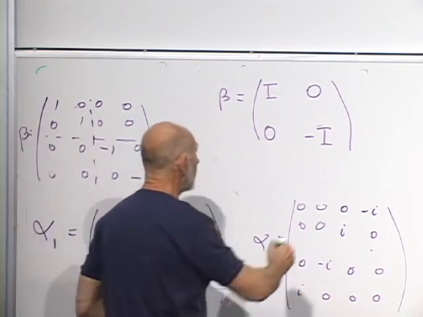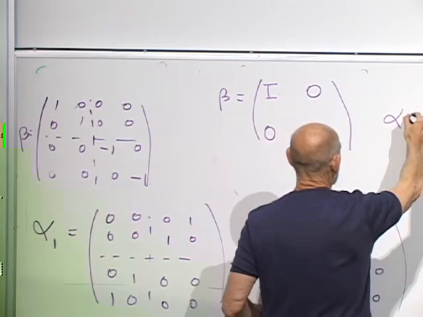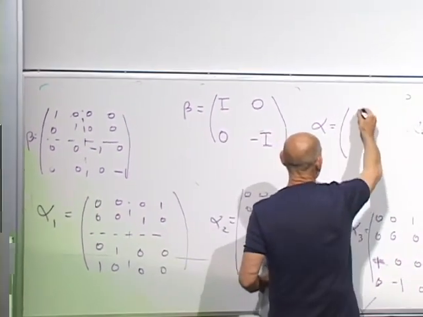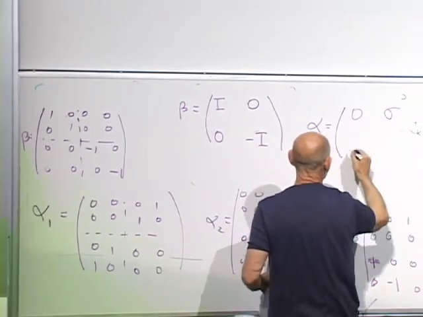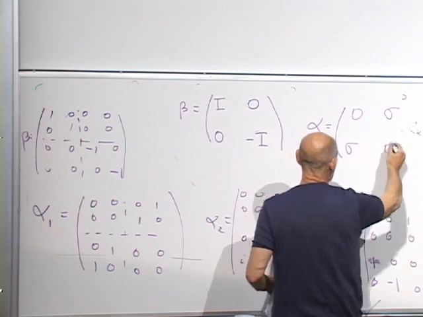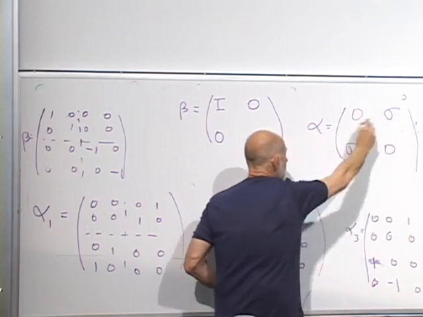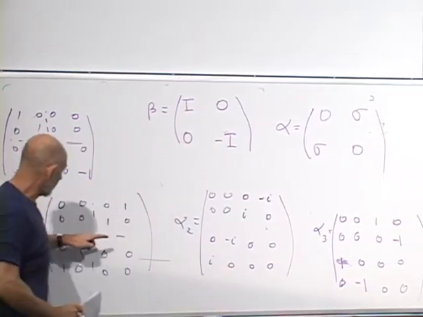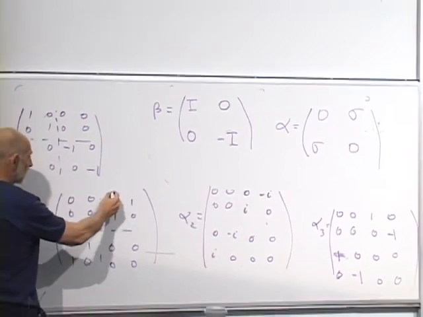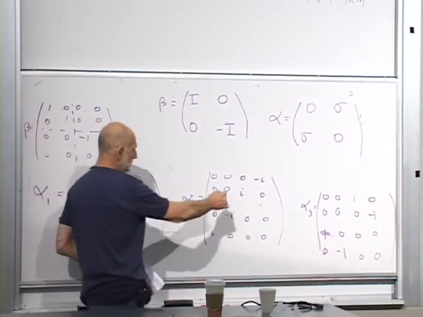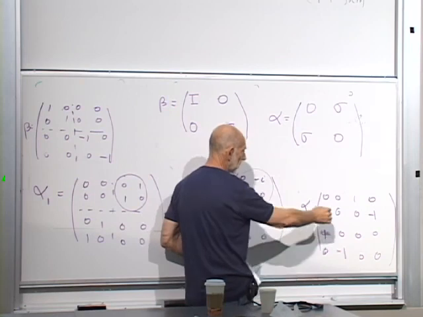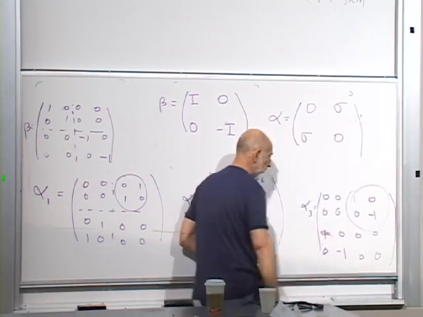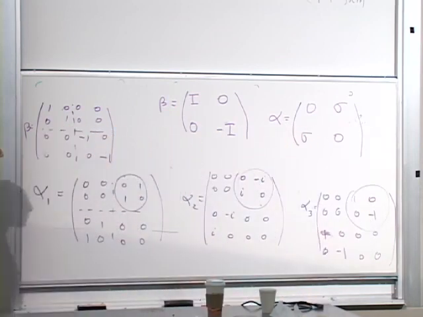And alpha is equal to 0, sigma, sigma, 0, where these are the 3 Pauli matrices. If you don't know what they are, here they are: sigma 1, sigma 2, and sigma 3. We're going to come back to these matrices. They're very important. These objects satisfy the Dirac anti-commutation relations.